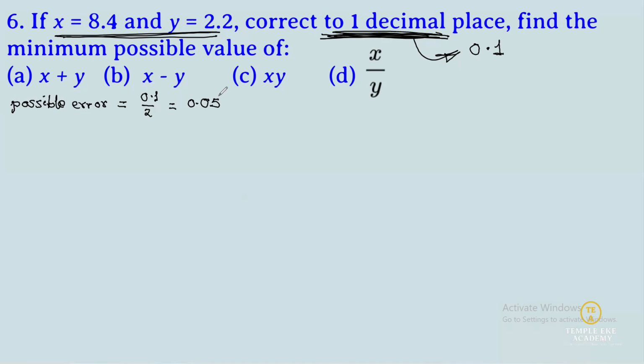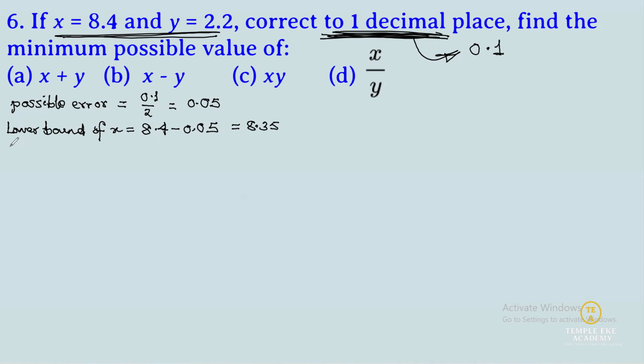And now, we can begin. Let us go straight for the lower bound of x. So lower bound of x is going to be the difference, of course. So 8.4, the rounded value or the estimated value, minus 0.05. And this is going to give us straight away 8.35.